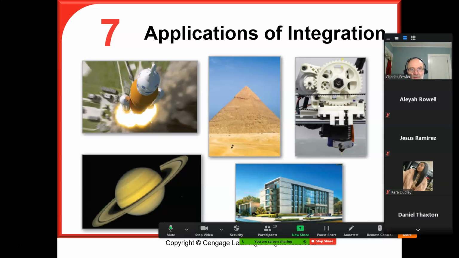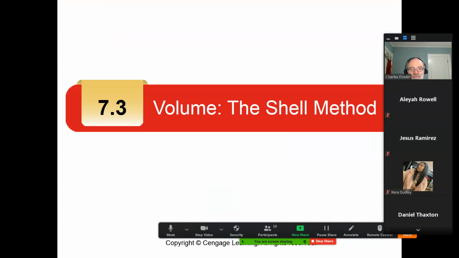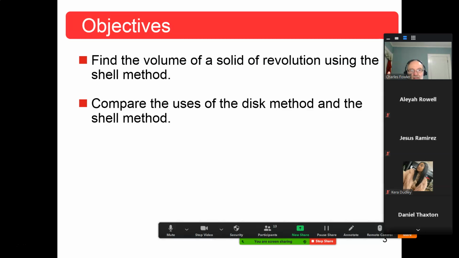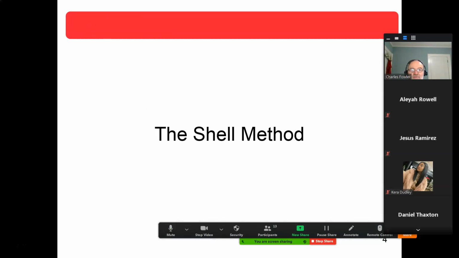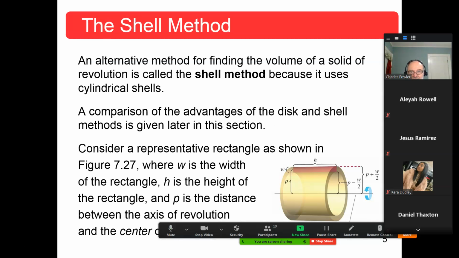Chapter 7, application of integration. 7.3 is calculating volumes using the shell method. Now the objectives here are to find the volume of a solid of revolution using the shell method as opposed to the disk method. We'll compare the uses of the disk method with the shell method. So what is the shell method?